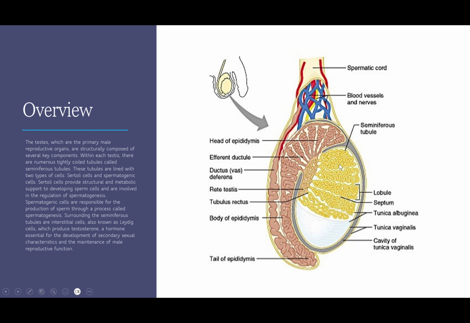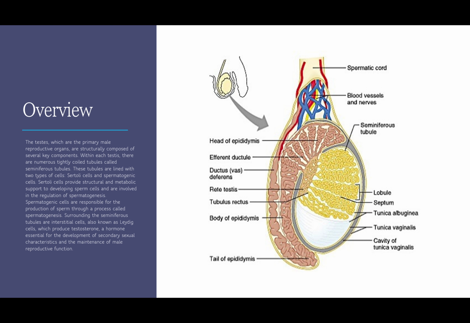This hormone, testosterone, is important for the development of secondary sexual characteristics and the maintenance of male reproductive function. We know the increase in hair, the broadening of the shoulders, those types of things that testosterone can increase.